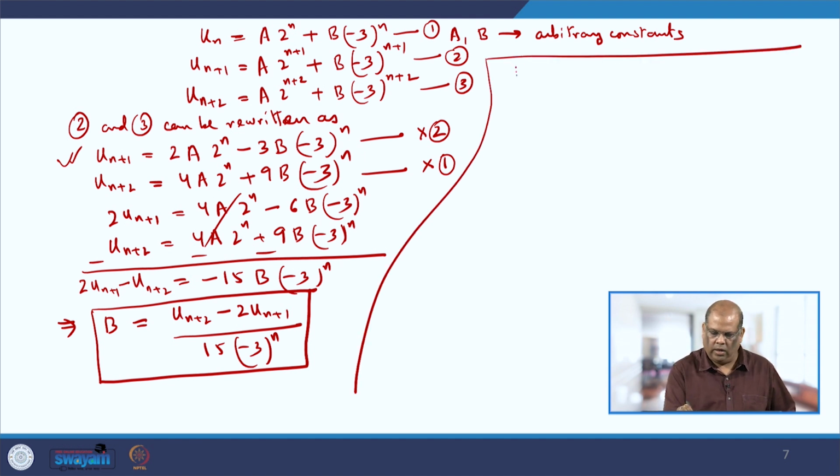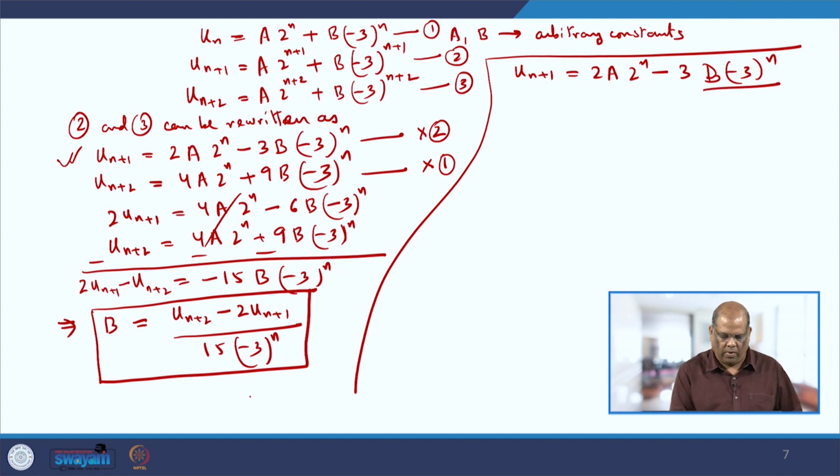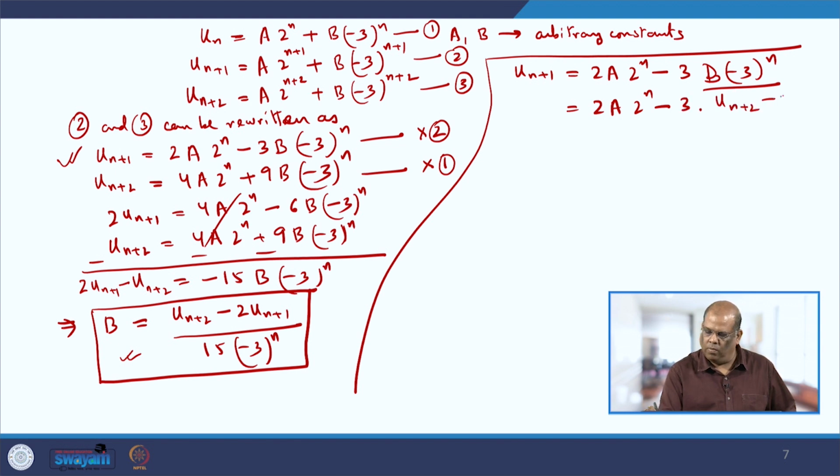So, I write u_{n+1} equal to 2a·2^n − 3b·(−3)^n. So, this b·(−3)^n I can get from here, and that is 2a·2^n − 3 times (u_{n+2} − 2u_{n+1}) divided by 15.